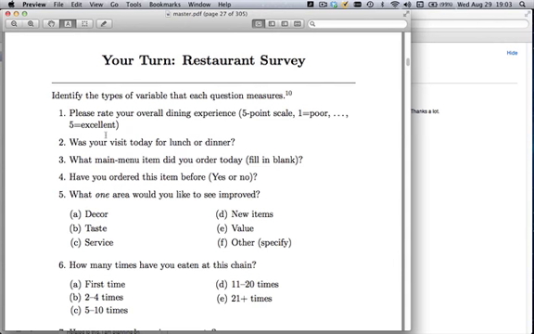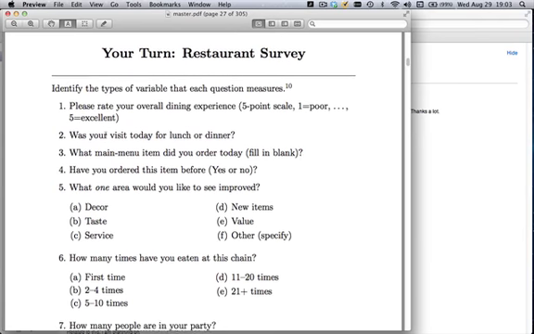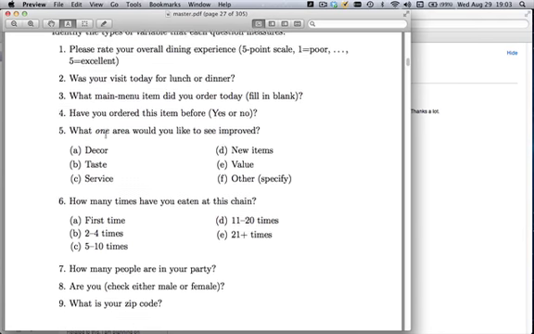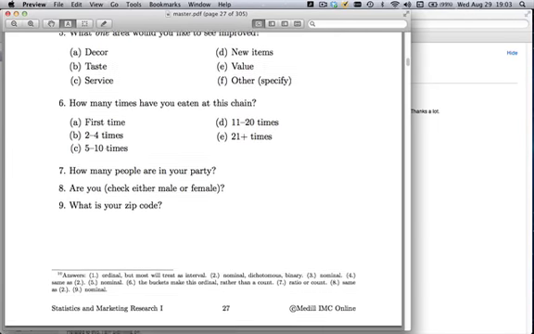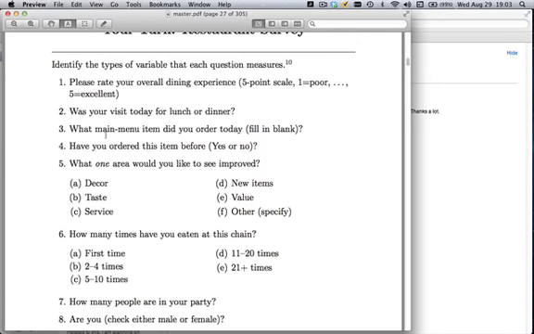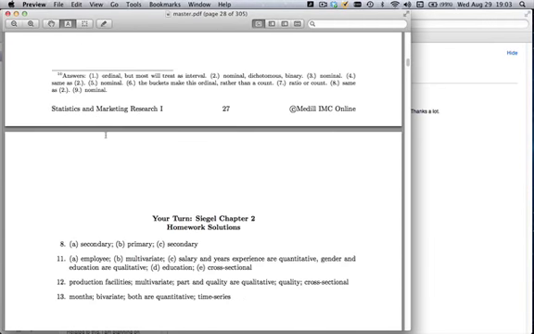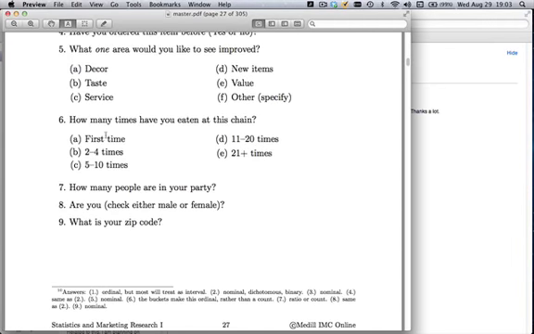I've been using this as a class example ever since. This is the exact survey that they gave us. Your task is to identify what types of variables these are. Are these nominal? Are they counts? Are they dichotomous? Sometimes multiple terms will apply to the same variable. The answers are given to you down below in the footnote. All right, that's it for this first lecture in chapter 2.